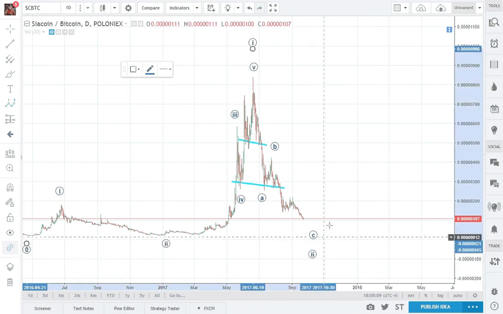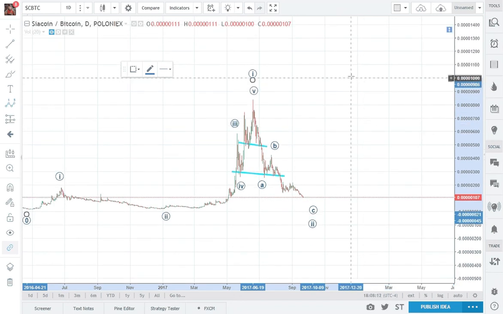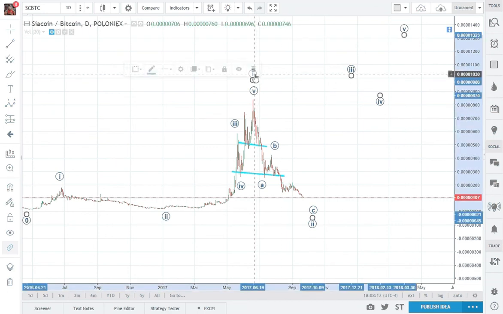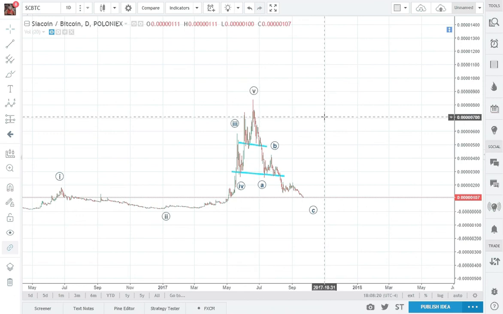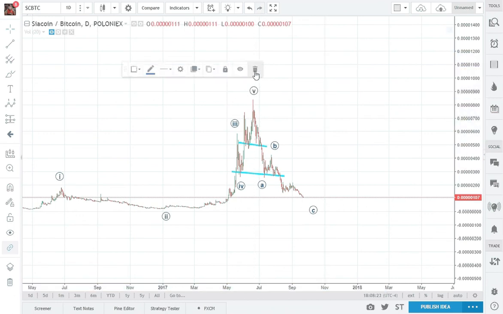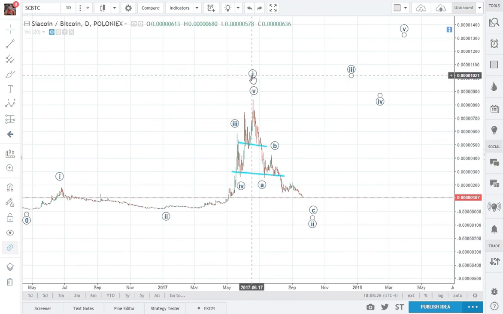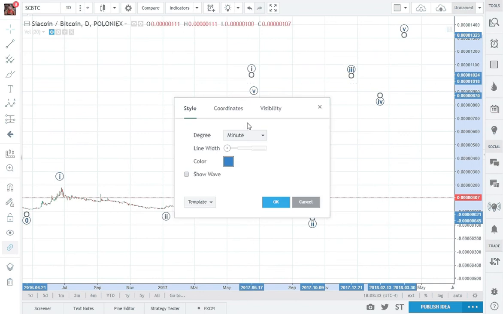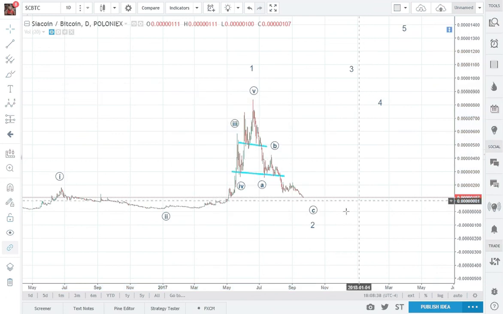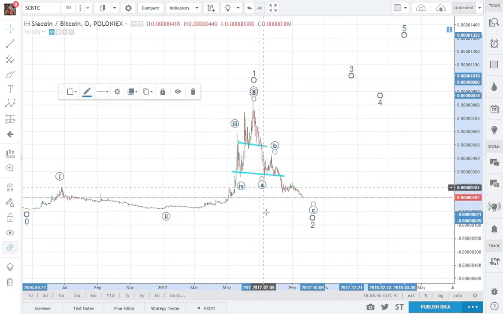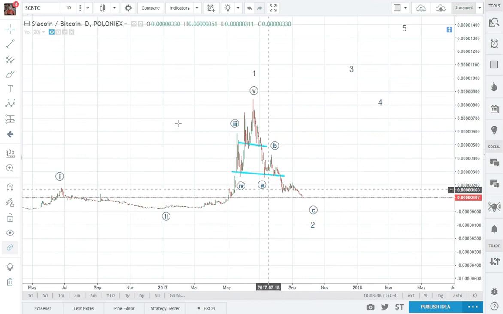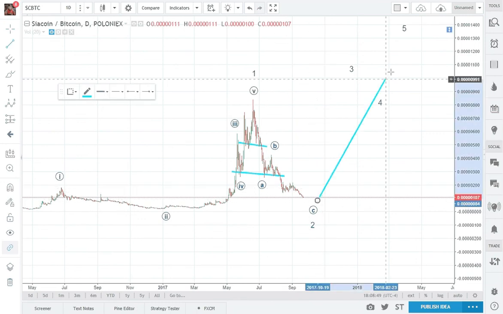1, 2, 3, 4, 5. So you have 1, 2, 3, 4, 5 subwaves of 1, A, B, C subwaves of 2, and after that, 3.